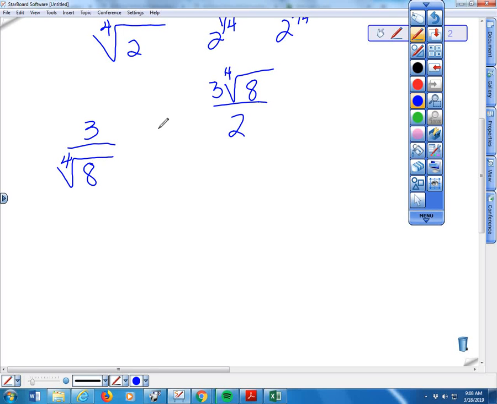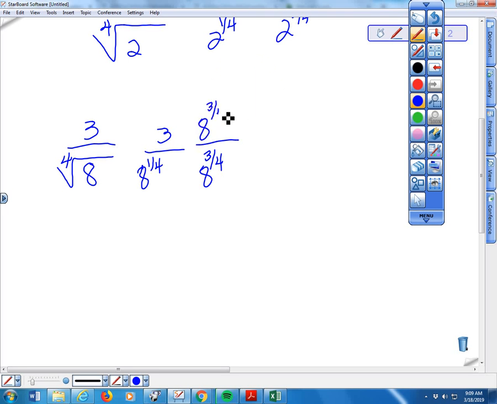Rewrite this as 8 to the 1/4. So I need to multiply it by 8 to the 3/4. Now I've got 3 times the 4th root of 8 cubed. What's 8 cubed?